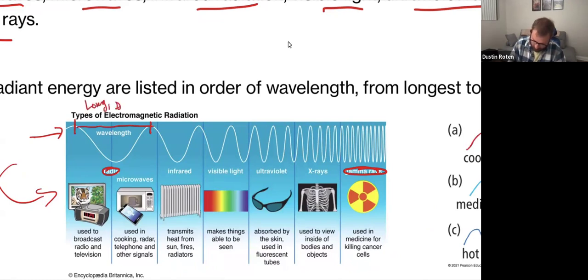long, slow. I don't want to call it slow because they technically all travel at the same speed. Oh, great. And now I can't erase. That's okay. I'll just mark over it. So we have long wavelengths. And then if you notice over here, by the time we get to the other side, we have short wavelengths.